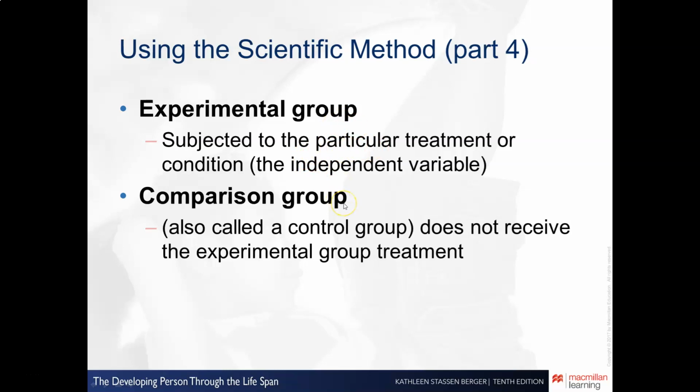Whereas the comparison group, also called a control group, they do not receive the experimental group treatment. In order to make sure that the specific treatment is really causing the effect, they want to have a group that receives no treatment just to compare those two, hence the word comparison group.